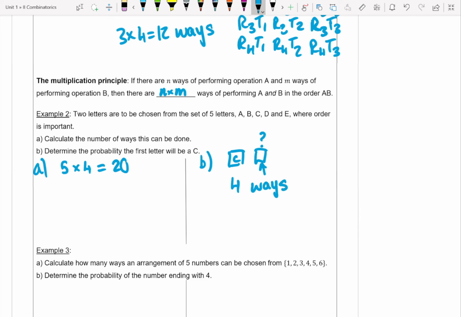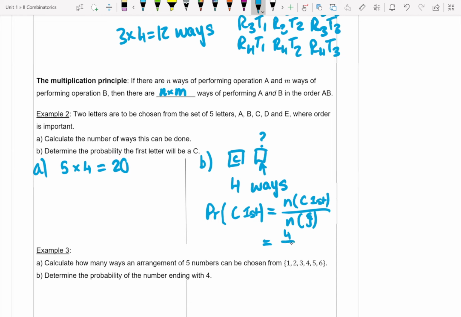But I'm not asked how many ways there are. I'm asked the probability. So the probability that C is first is going to be equal to the number of ways C is first over the entire set, the sample space, if you will.